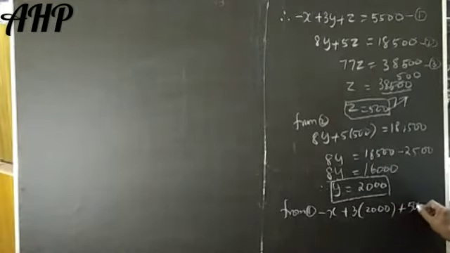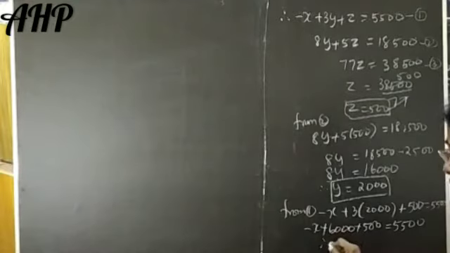Minus x plus 6,000 plus 500 is equal to 5,500. Therefore, -x is equal to 5,500 minus 6,500. Therefore, x is equal to 1000.